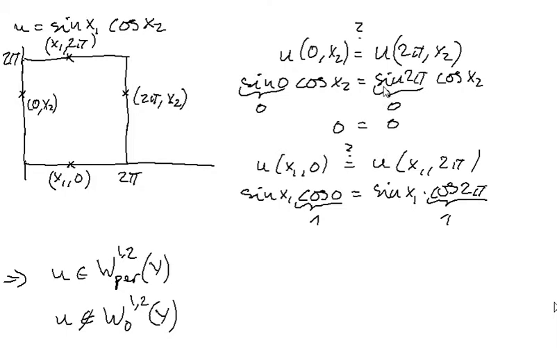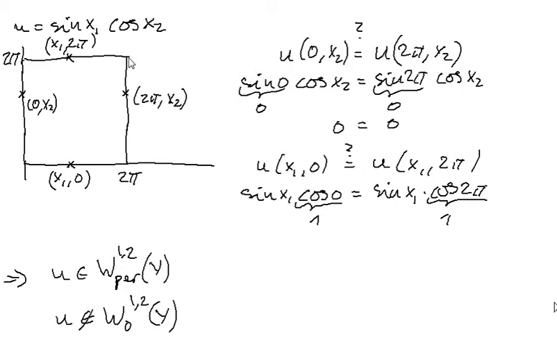We do the same by inserting 2 pi instead of x1 here, and get sine 2 pi, which also is 0, multiplied with cosine of x2. So we obtain that this is 0 and this is 0, so these two are identical on these two points. So all over these sides, u is 0 here and here. So the periodicity condition is satisfied.